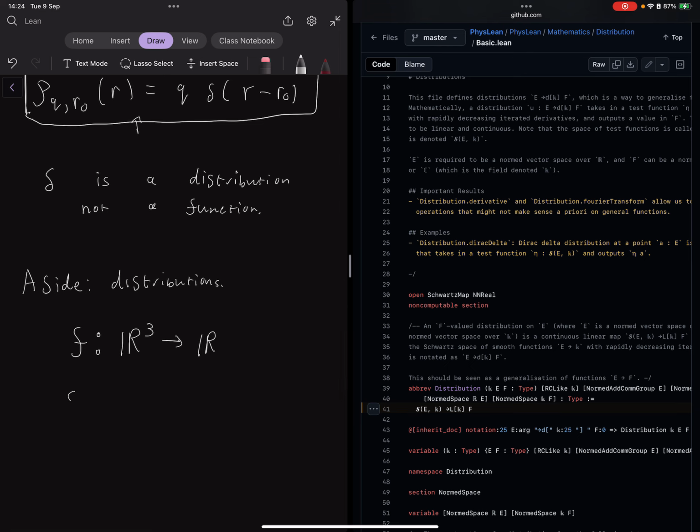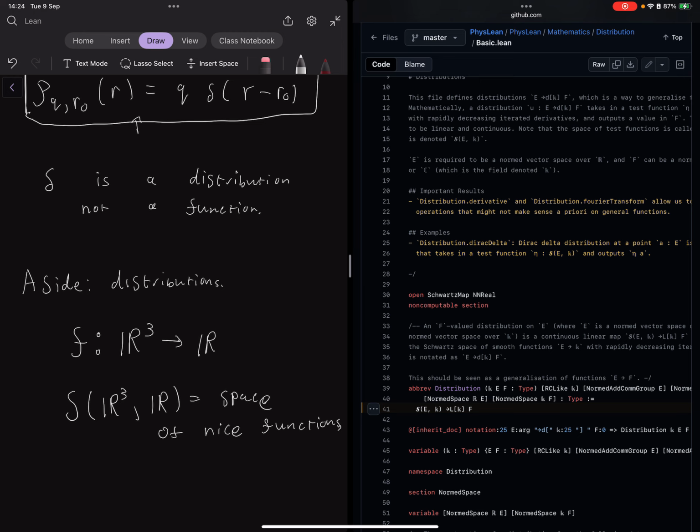Well, we would define the space of Schwartz functions, and this is the space of nice functions. That's obviously not a technical term and not a mathematical definition.